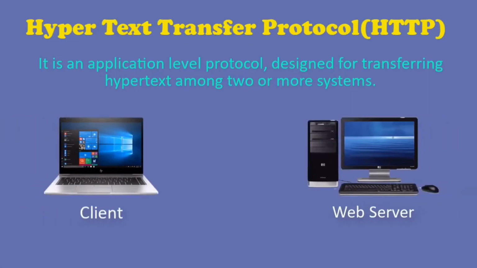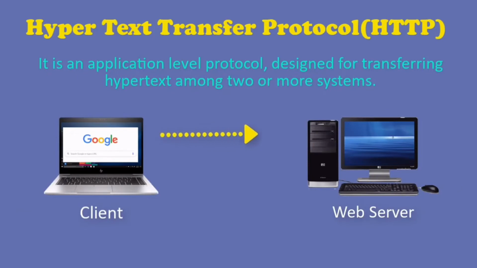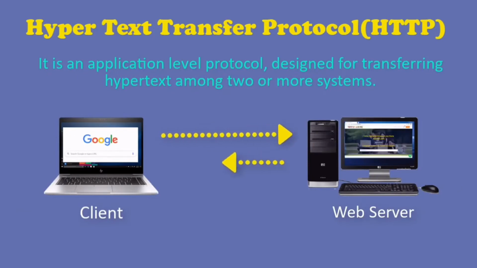HTTP is designed on client-server principles, wherein client and web server engage in a sequence of network request-response transactions called HTTP sessions. A web browser, for example, may be the client, and the application running on the computer hosting a website may be the server.